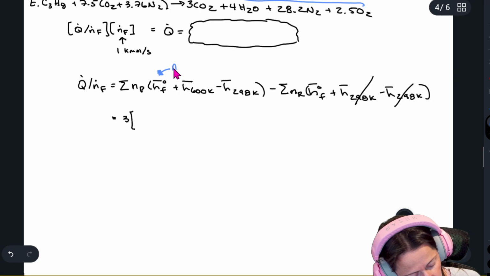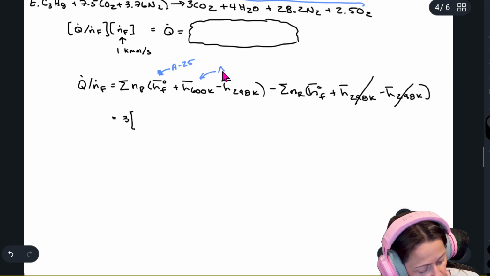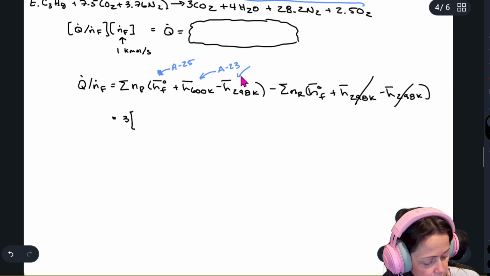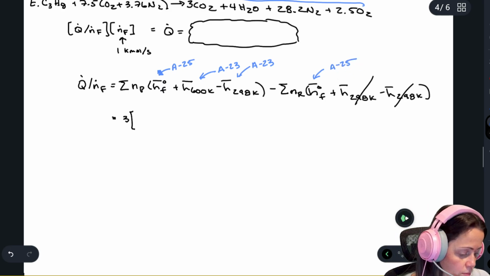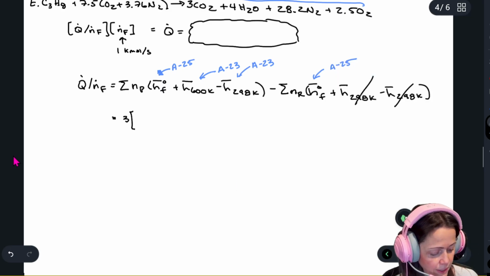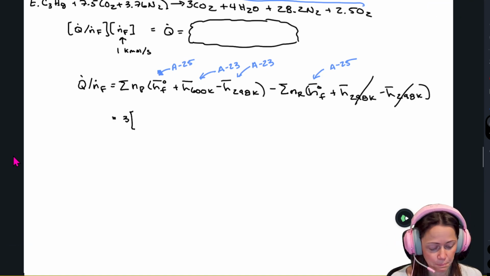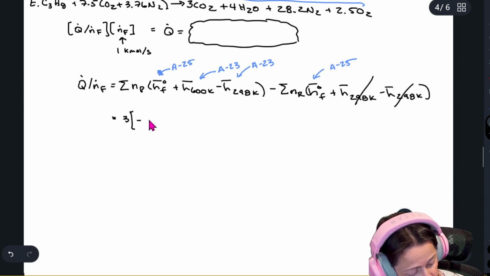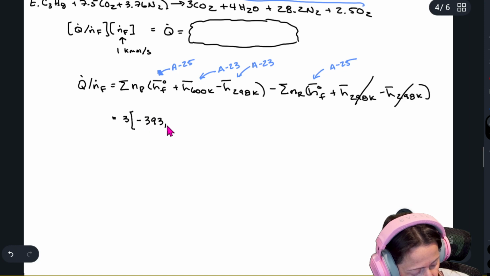This can be found in A25. This guy can be found in A23, as can this guy, and that one is A25. So let's not flip back and forth, but the enthalpy of formation for CO2 from A25, make sure you see it, is negative 393,520.